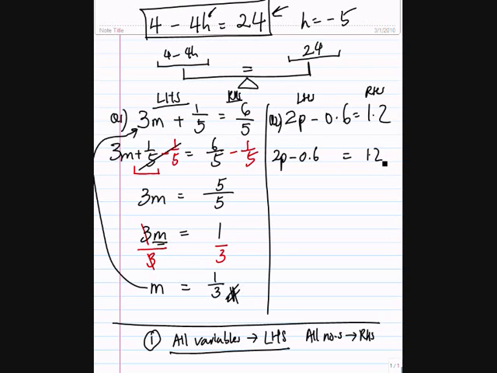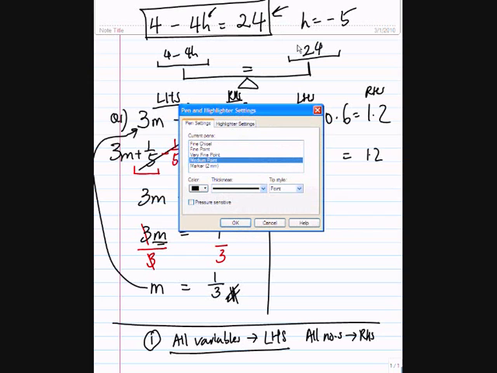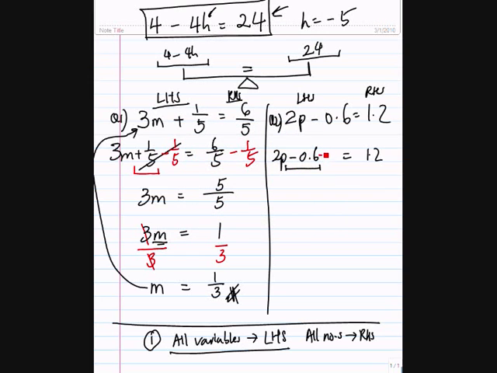Again, the same thing here. We have minus 0.6 on the left hand side, which is not allowed. So you need to make minus 0.6 disappear. In order to do that, you will have to introduce a positive 0.6. This sign is the opposite of the sign here. The opposite of minus is plus, the opposite of times is divide.